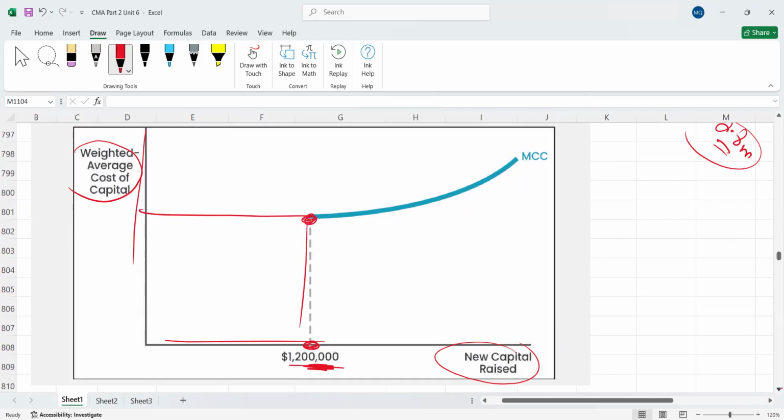But now if you raise an additional 2.8 million dollars, it may increase the risk for the investors. That is why your marginal cost of capital, the cost of capital for additional sources of finance, will be slightly higher than the current cost of capital. Understood? This is just a story, but now we are moving to the main point.